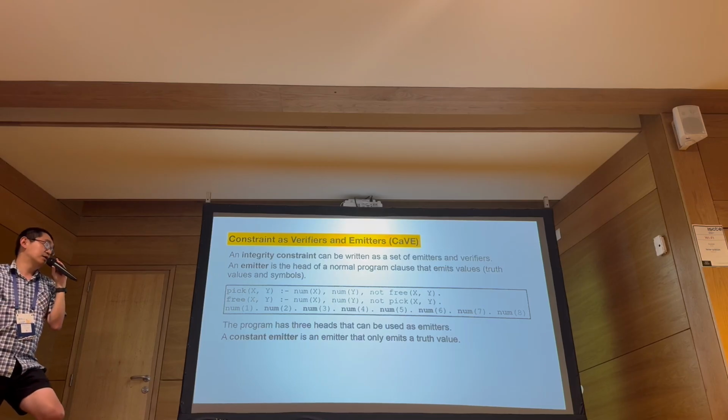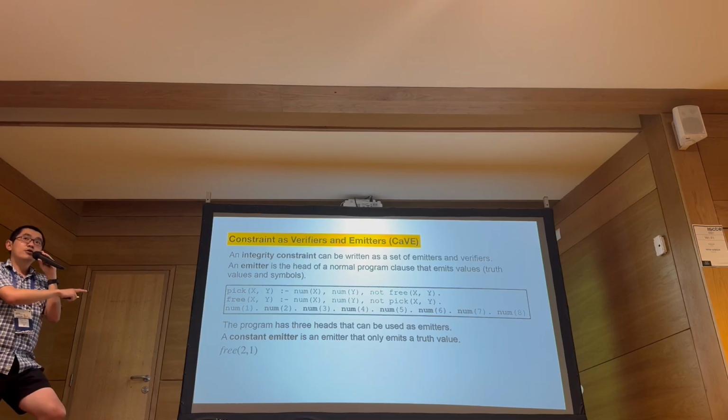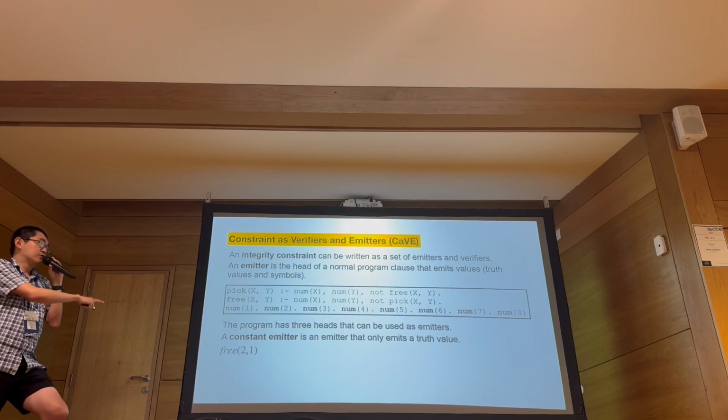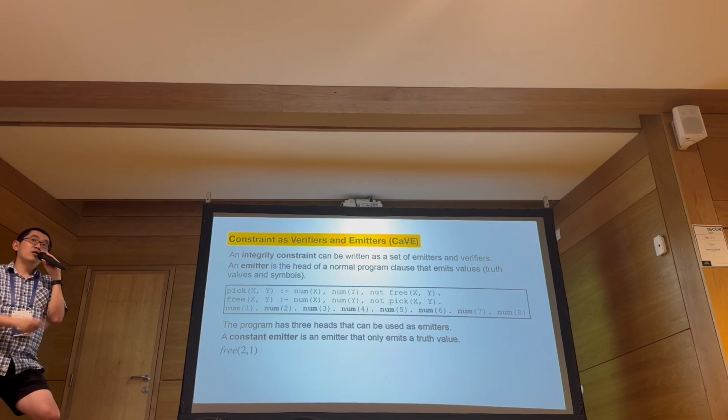One is the constant emitters, which means it only emits values. For example, if I have 3, 2, 1, the 2, 1 has no free variables in there. It's already constant. So for 3, 2, 1, in our CaVE representation, you only emit the truth value. As soon as we prove 3, 2, 1 to be true, you emit the truth value.